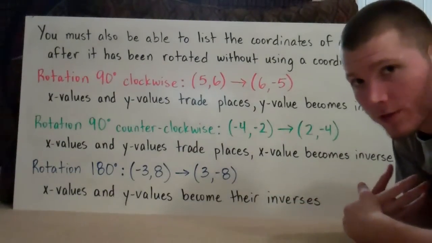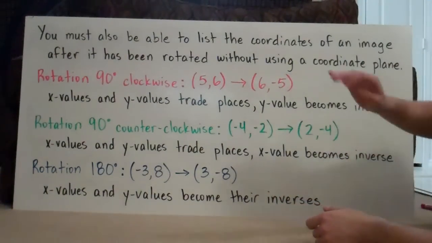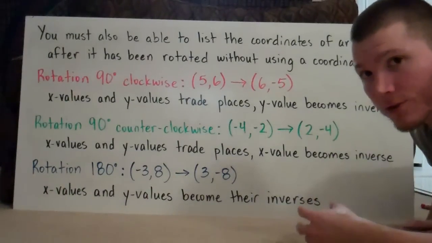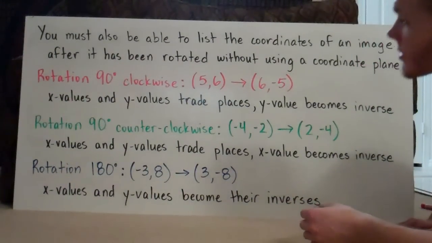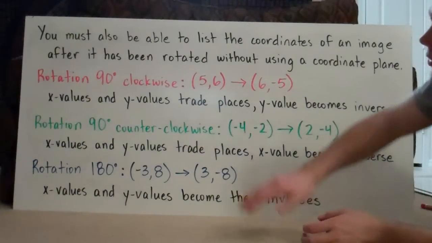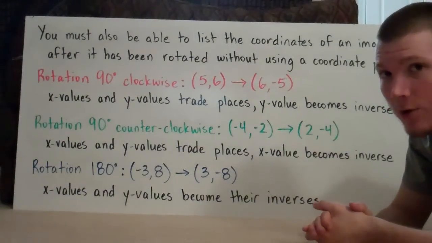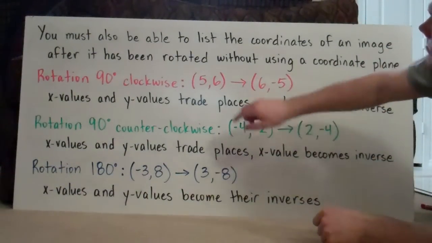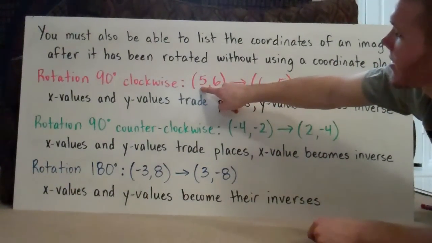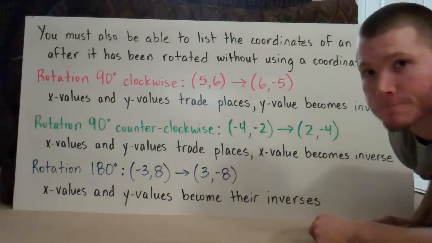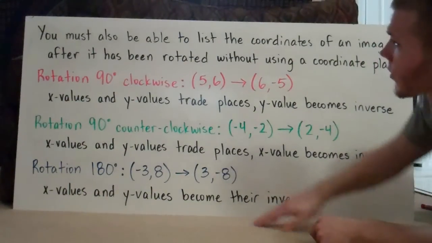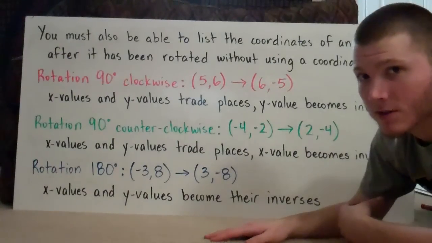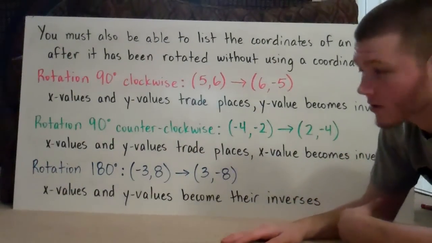You must, just like with all the other transformations, be able to list the coordinates of an image after it's been rotated without using a coordinate plane. Alright, so a rotation 90 degrees clockwise, to the right. Well, class, let's say we take the coordinate 5, 6. Well, when you rotate an image 90 degrees clockwise, this is what happens to every coordinate.